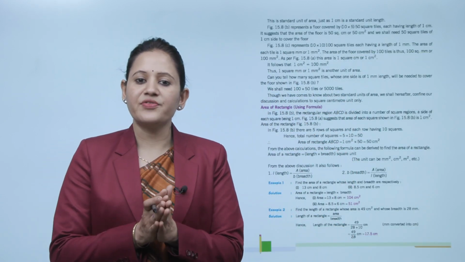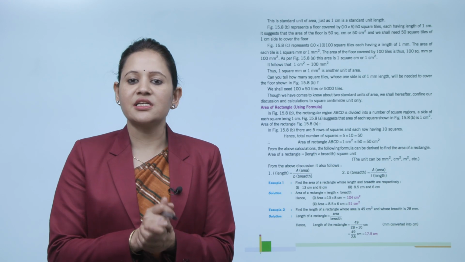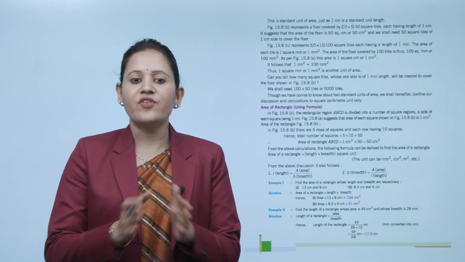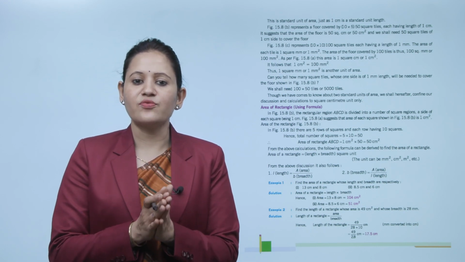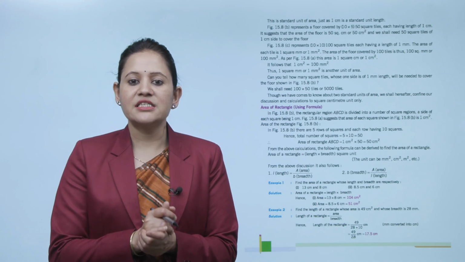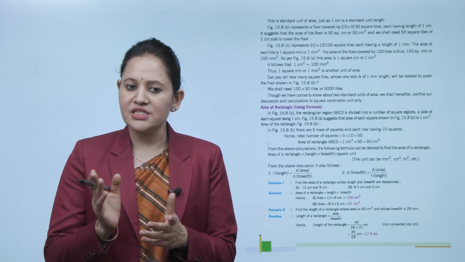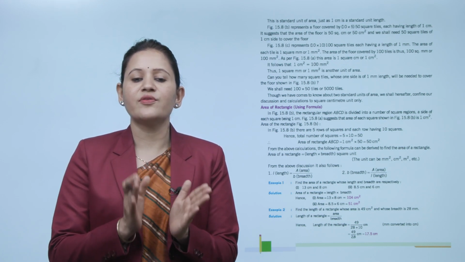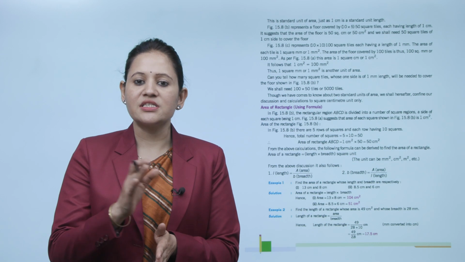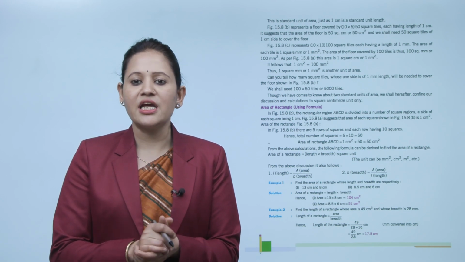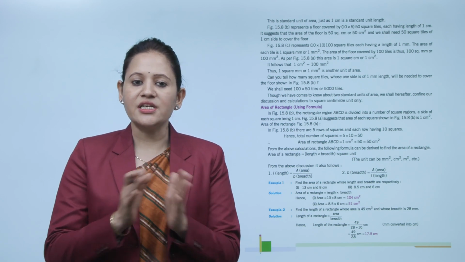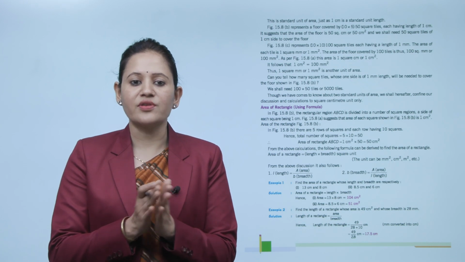This is the standard unit of area, just as 1 centimeter is the standard unit of length. Figure 15.8b represents the floor covered by 10 into 5, that is 50 square tiles, each having side length 1 centimeter. It suggests that the area of the floor is 50 square centimeter, and we shall need 50 square tiles of 1 centimeter side to cover the floor.